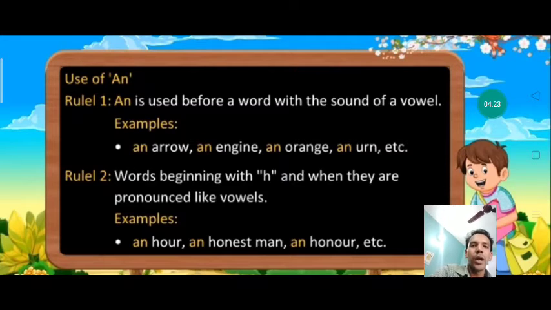When we don't pronounce them and the sound coming is a vowel, we use an in front of the word. For example, hour: H is silent, so it is O U R, our. Honest, H O N E S T, honest. Honor, H O N O U R, honor. When the sound is of a vowel, we will use an.